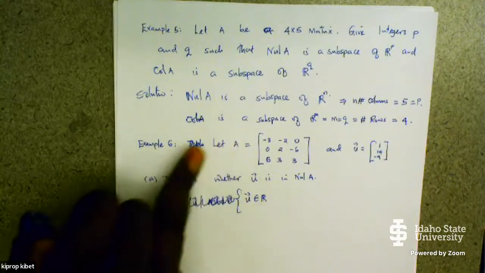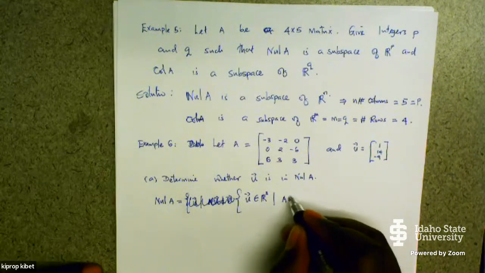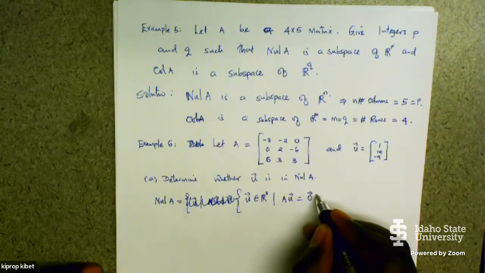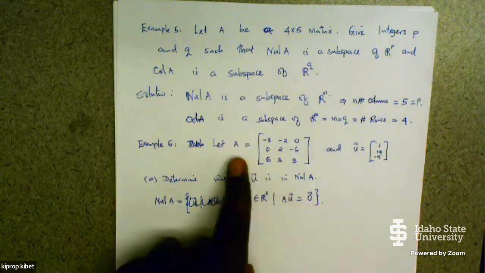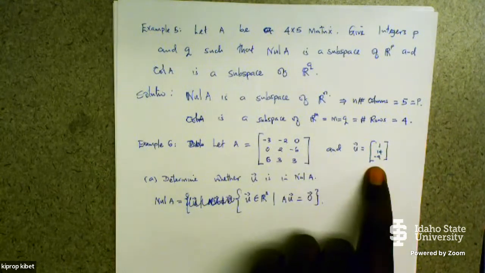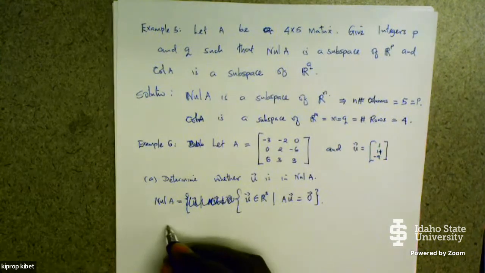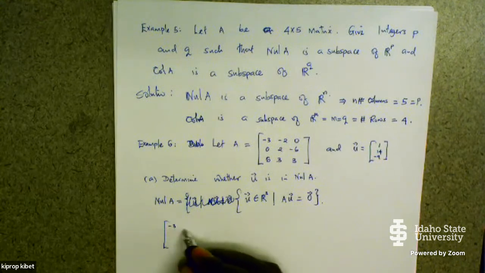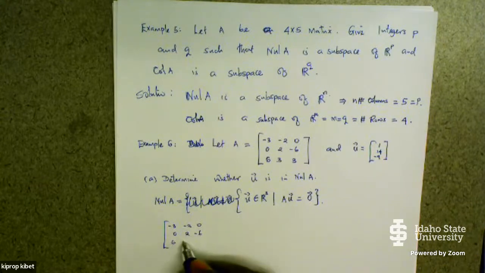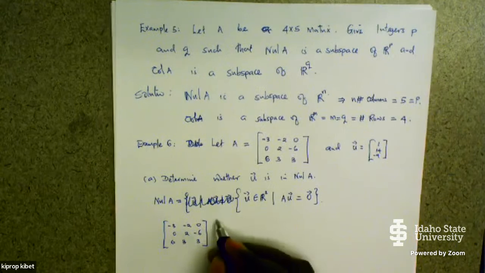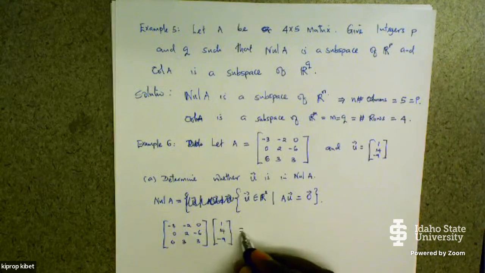So we need to check whether A multiplied by U is equal to the zero vector. So we want to check whether the matrix with rows -3, -2, 0; 0, 2, -6; 6, 3, 3 multiplied by 1, 14, and -9 is actually equal to 0.